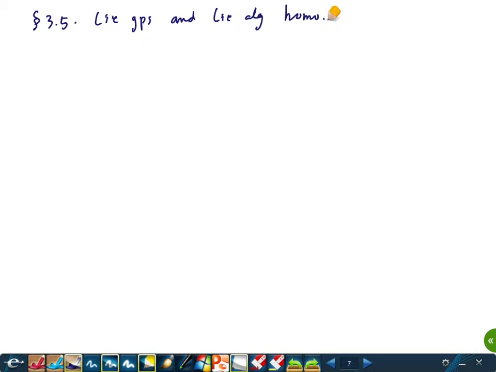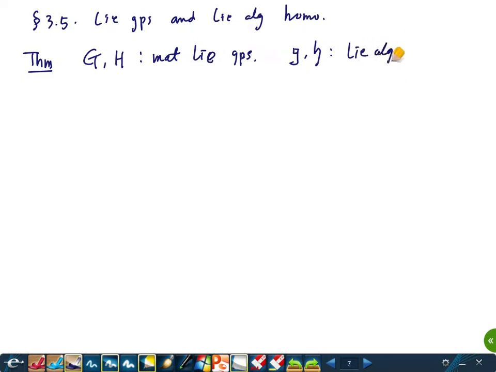So what if we have a Lie group homomorphism? Then one may ask, do we have some kind of corresponding Lie algebra homomorphism? And this theorem says yes. So these are matrix Lie groups, and 𝔤 and 𝔥 are the corresponding Lie algebras. Okay, so 𝔤 corresponding to G, 𝔥 corresponding to H, of course.